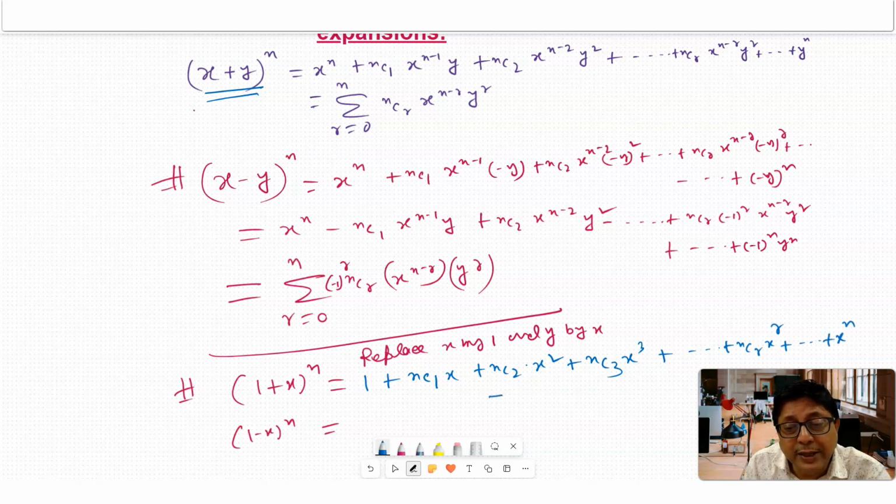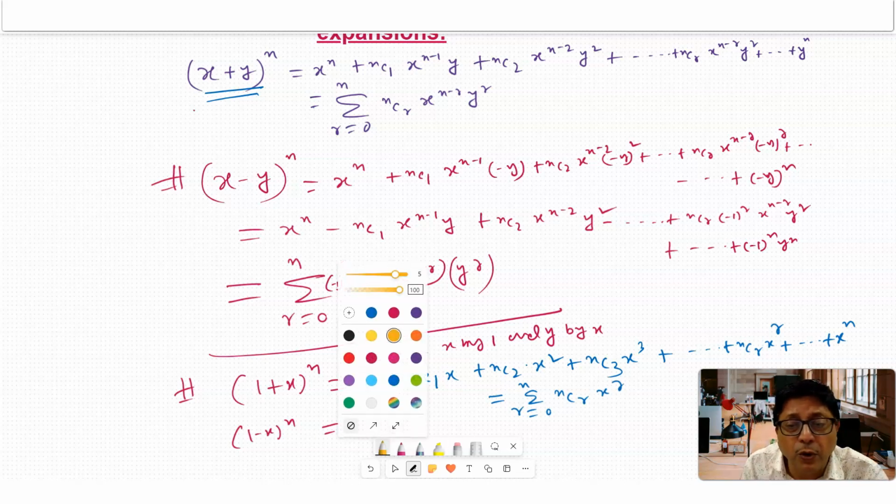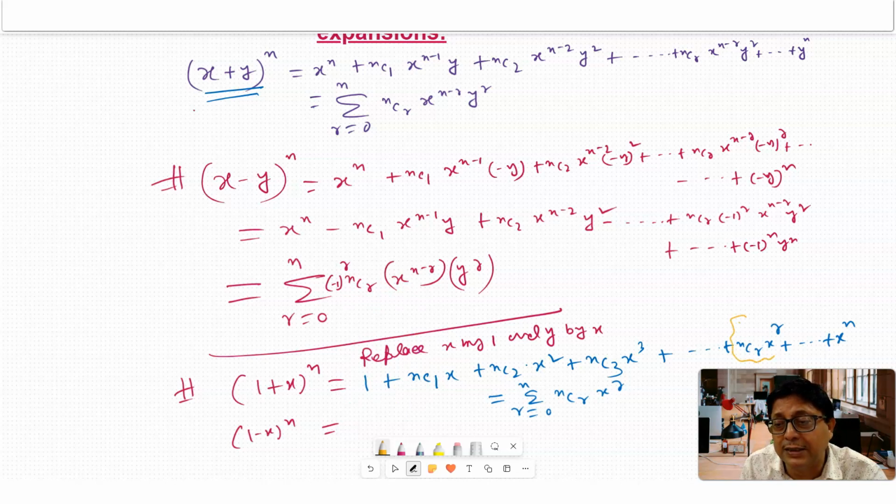This we can write by using the sigma symbol. If you write sigma r equal to 0 to n, nCr x to the power r. See, I told you this is going to be the representative of all the terms. NCr, the general term, is the representative of all the terms.